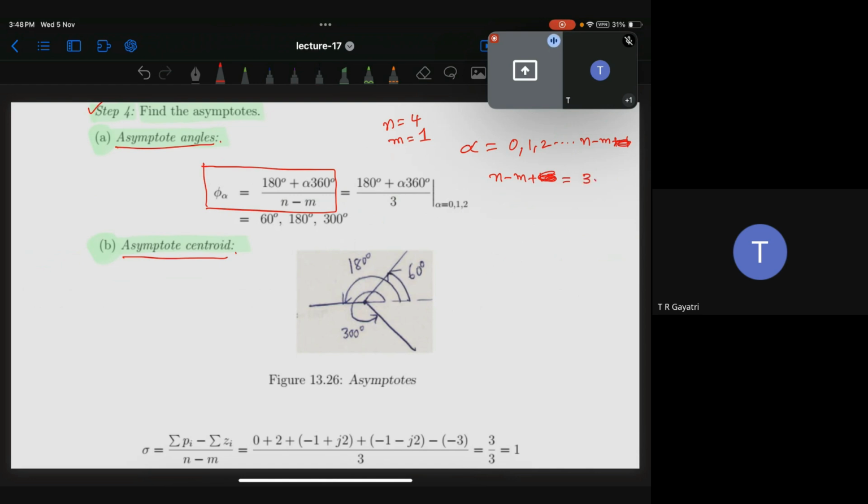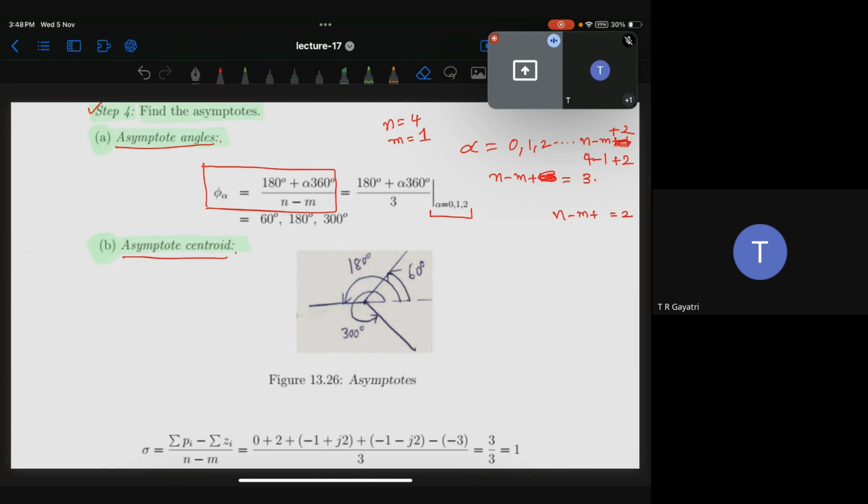So we'll get n minus m plus 2, I think, at that one. That will be n minus m minus 1. We should get 0, 1, 2 only. Let me check. It should be n minus m minus 1.